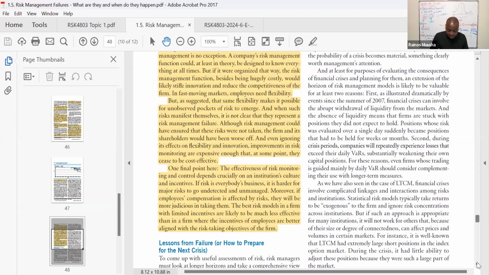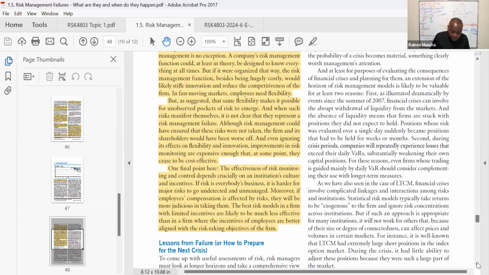One final point here: the effectiveness of risk monitoring and control depends crucially on an institution's culture and incentives. If risk is everybody's business, it is harder for the major risks to go undetected and unmanaged.